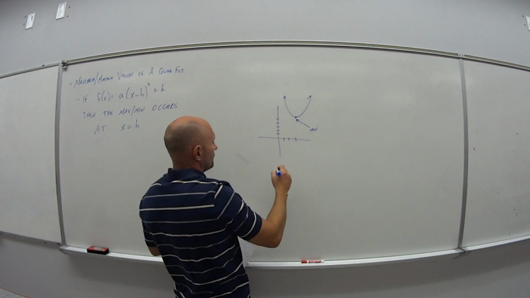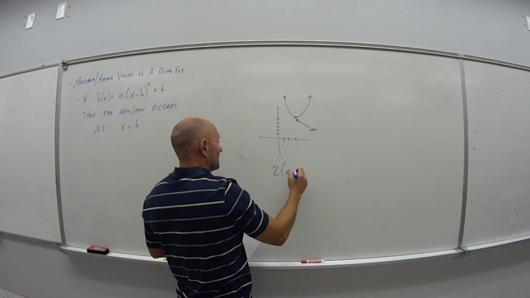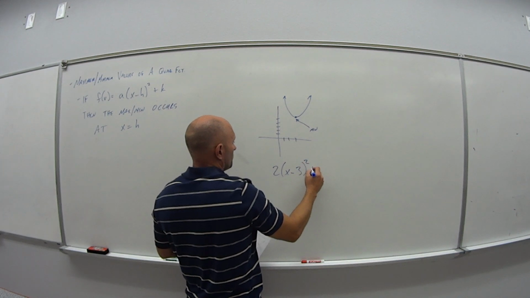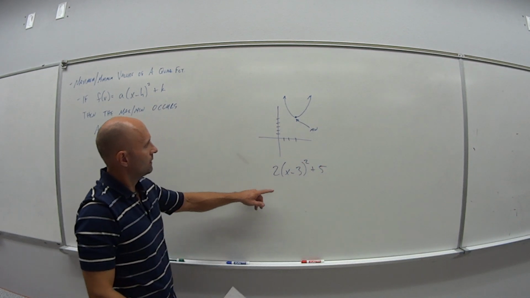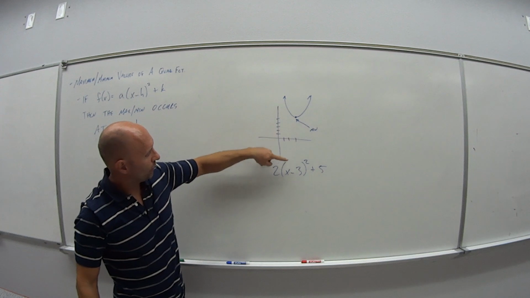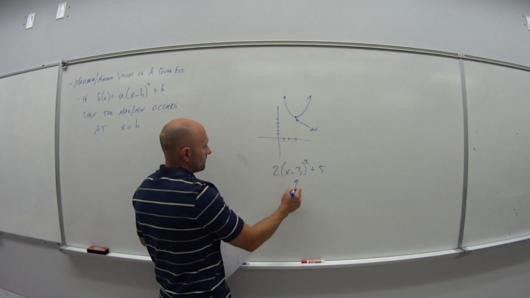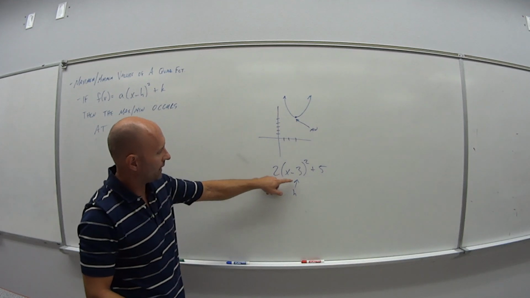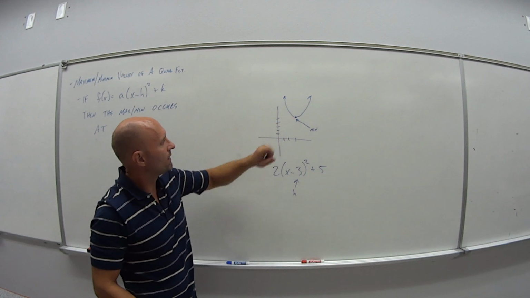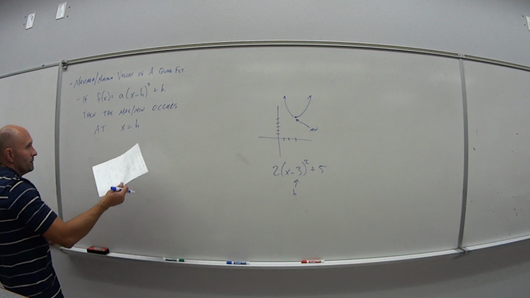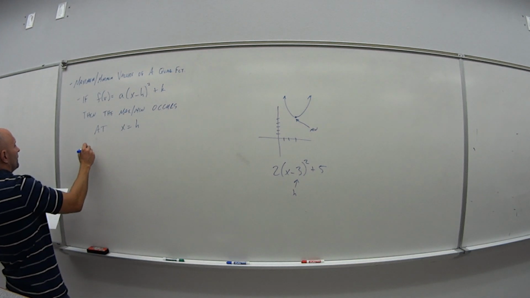If you remember this, it was 2(x minus 3) squared plus 5. This is our h value, so wherever x is equal to 3, that's where the minimum occurred because it was pointing upward.